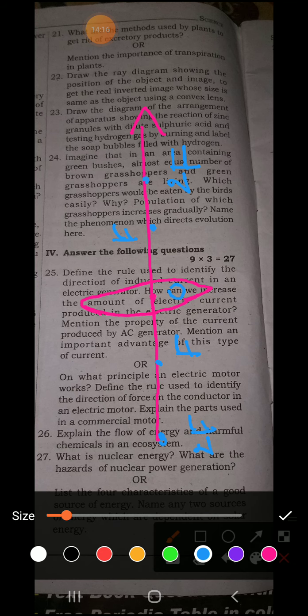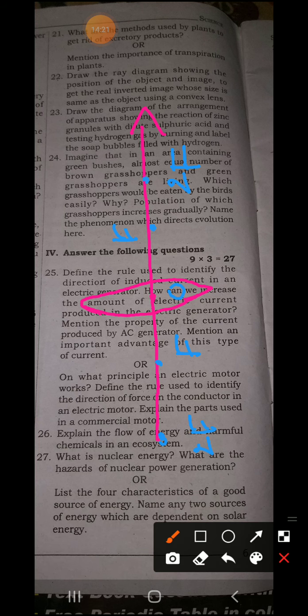When the light ray falls on it, we need to draw the object first. So this is an object, A and B, got it?